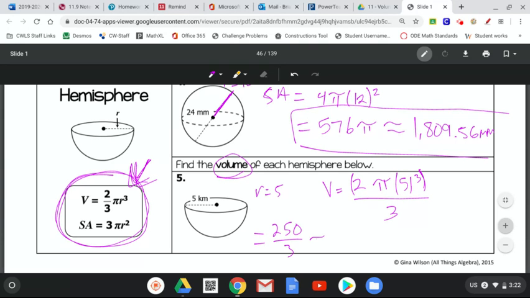And then the approximation is 261.8. And we're in volume, so it's going to be kilometers cubed, okay? So those are your two exact and decimal approximation answers.